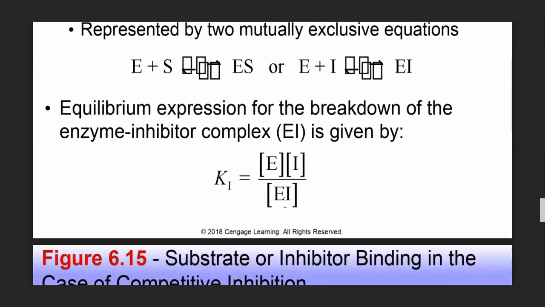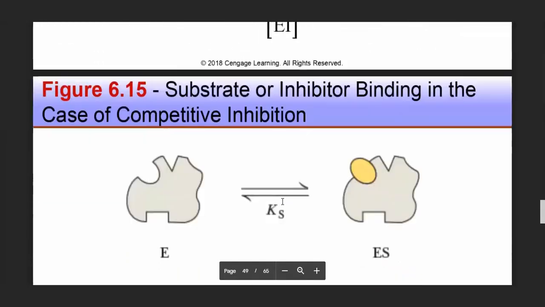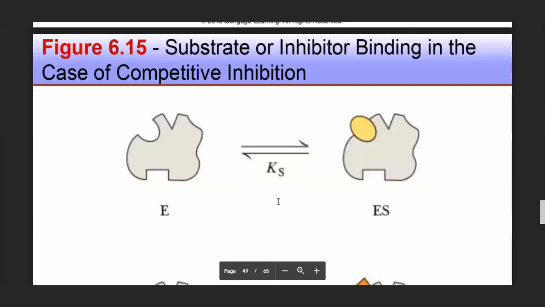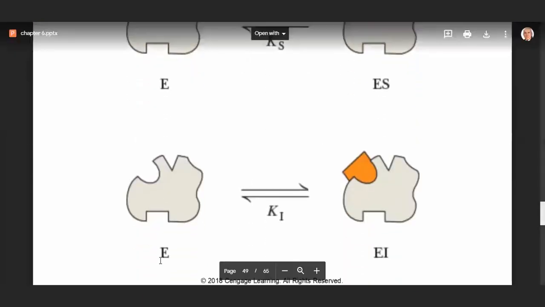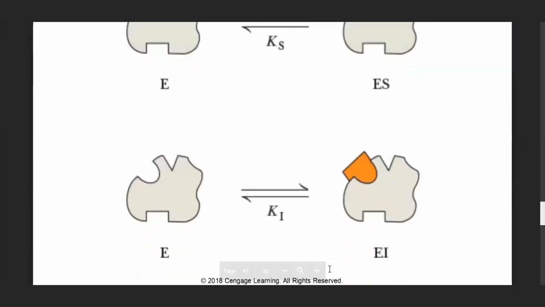Now, let's look at this figure again, which is for competitive inhibition. The enzyme can bind the substrate at the active site, or it can bind the inhibitor.